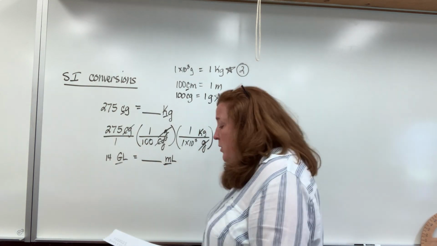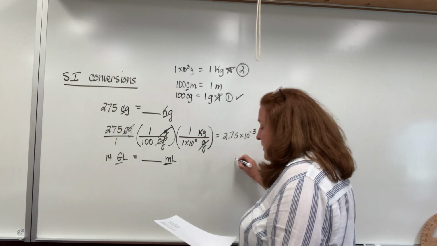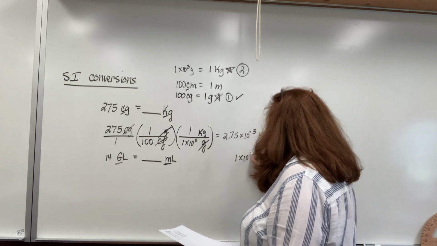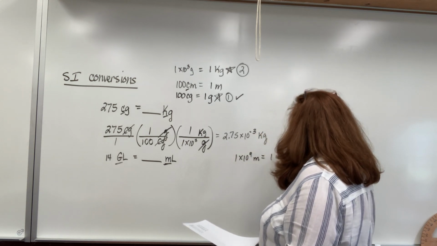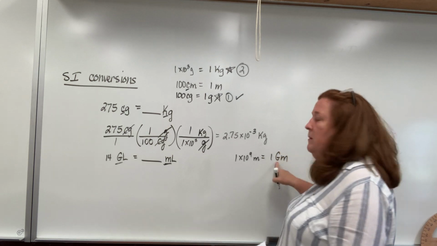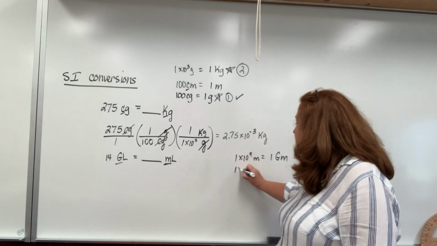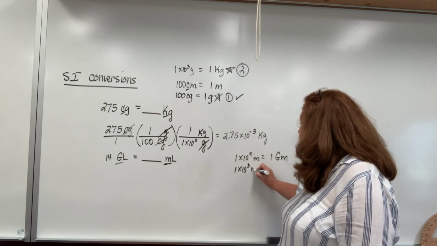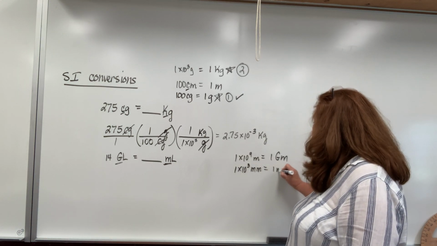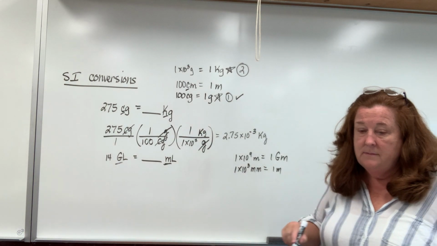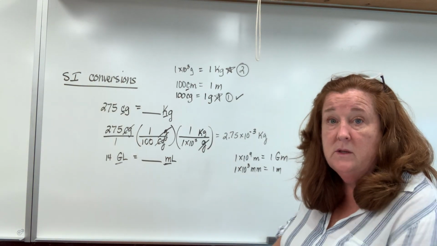So when you look at your chart, you should see that it says 1 times 10 to the 9th meters equals 1 gigameter. There's the gig, that's the capital G. And then the other one we're going to use, 1 times 10 to the 3rd millimeters equals 1 meter. Those are the 2 you're going to use. Hopefully that's the ones that you chose.